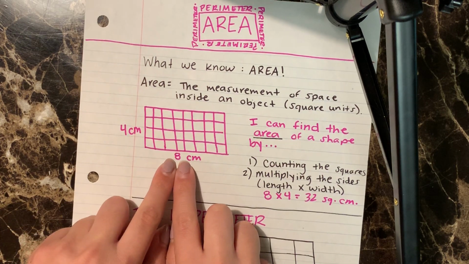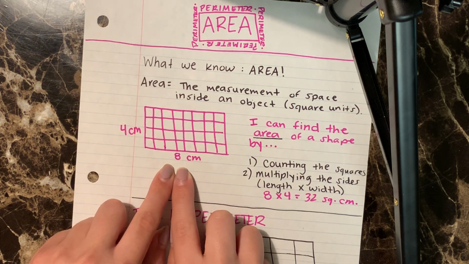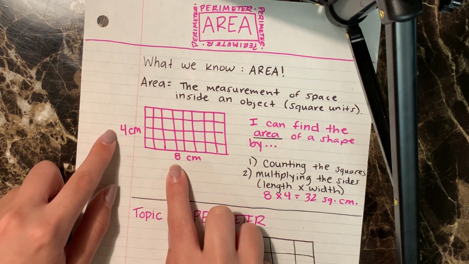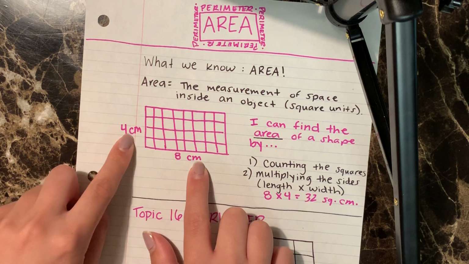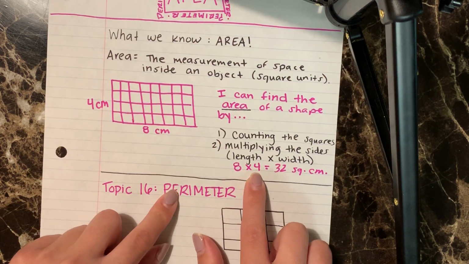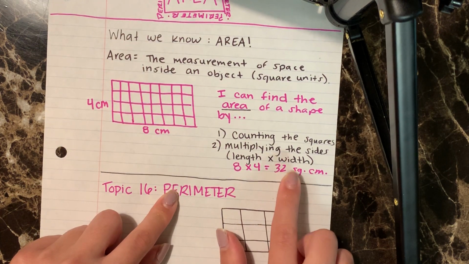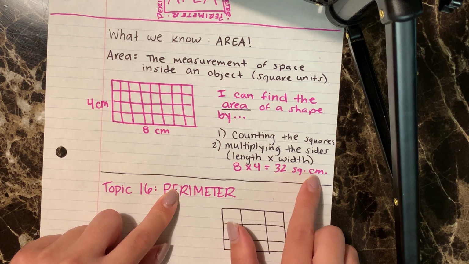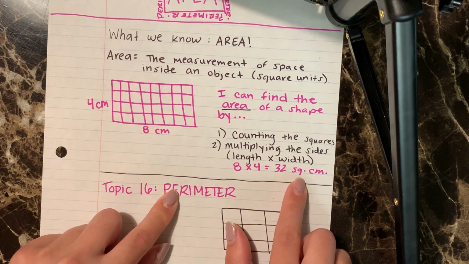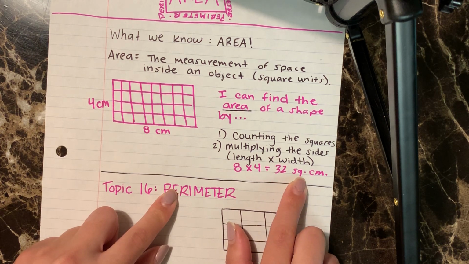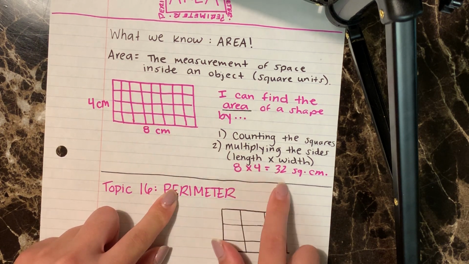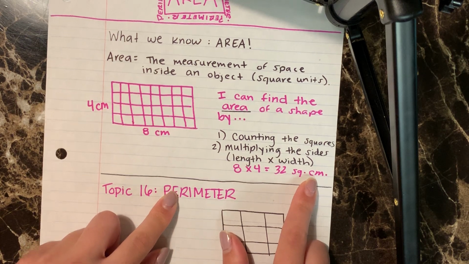So for this one, the length of this rectangular shape is 8 centimeters, and the width is 4 centimeters. So my equation would be length times width, otherwise 8 times 4, which would be 32. And then I put square centimeters, because once I put it in area, our units of measure and our label changes to square units. And it told me over here it was centimeters, so it is square centimeters, okay?